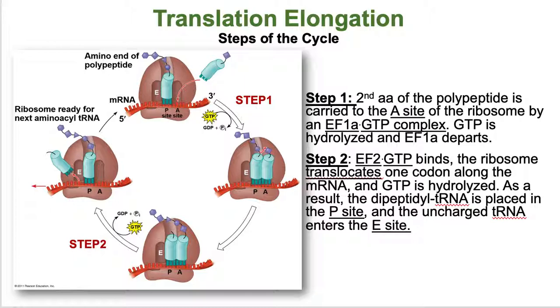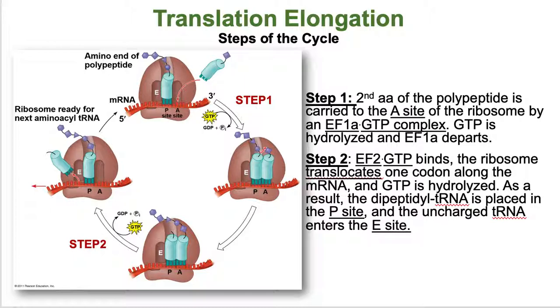We'll first start at step 1, and you see this GTP hydrolysis step. What we're looking at here is another protein, kind of like eIF2, but it's called EF1. This complex brings in the next tRNA.